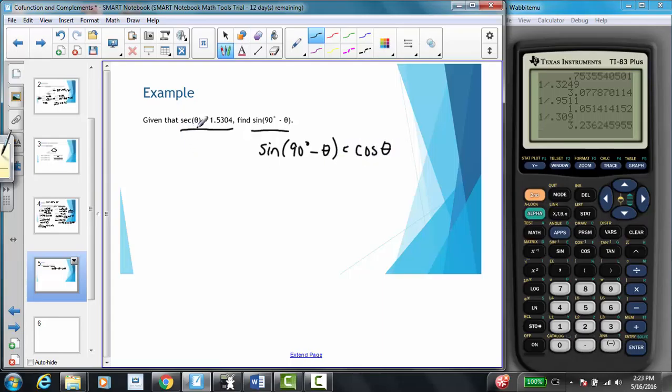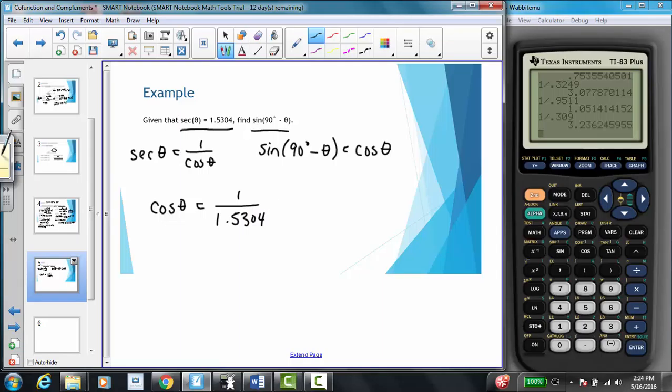And here we're given secant theta, and we know that secant theta equals 1 over cosine theta. So if secant theta equals 1.5304, we have cosine theta equals 1 over 1.5304.